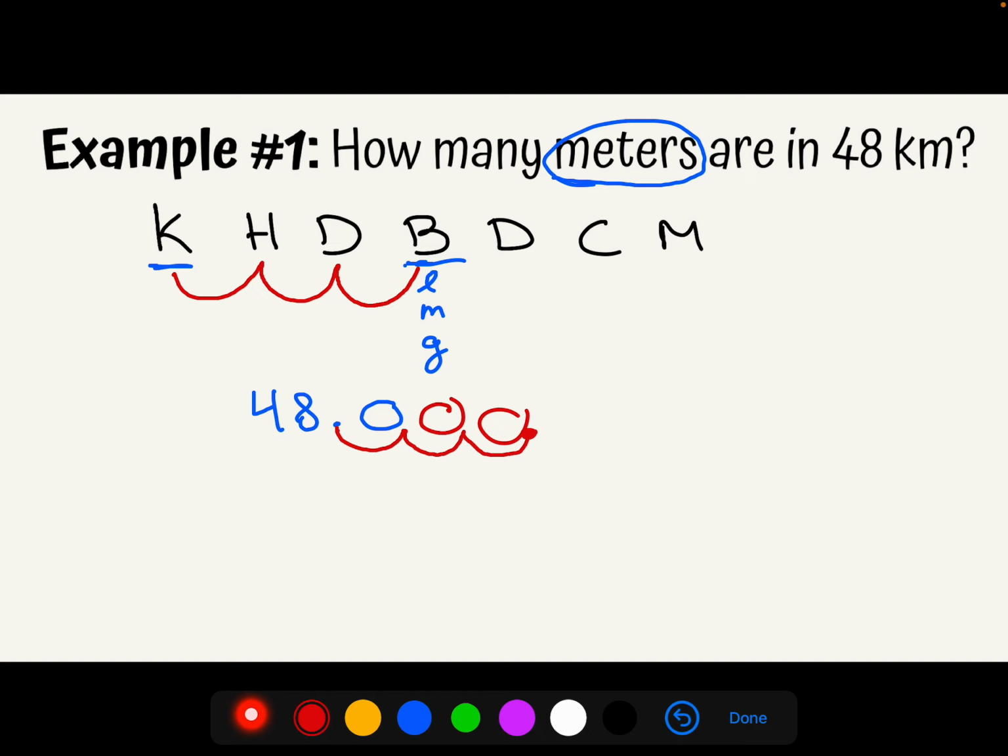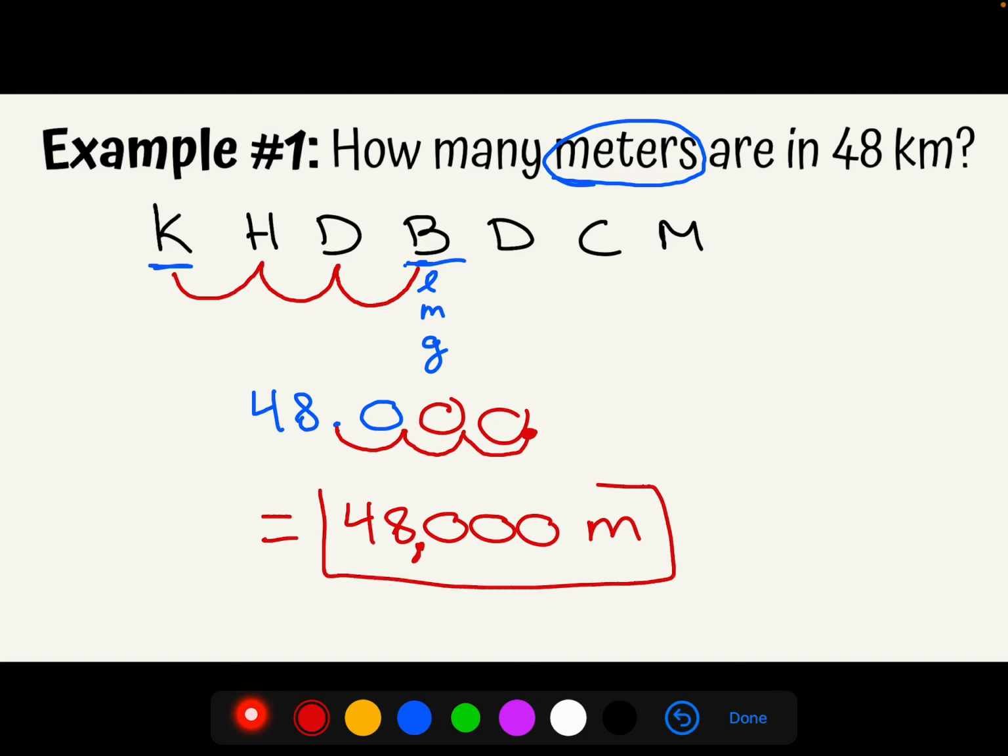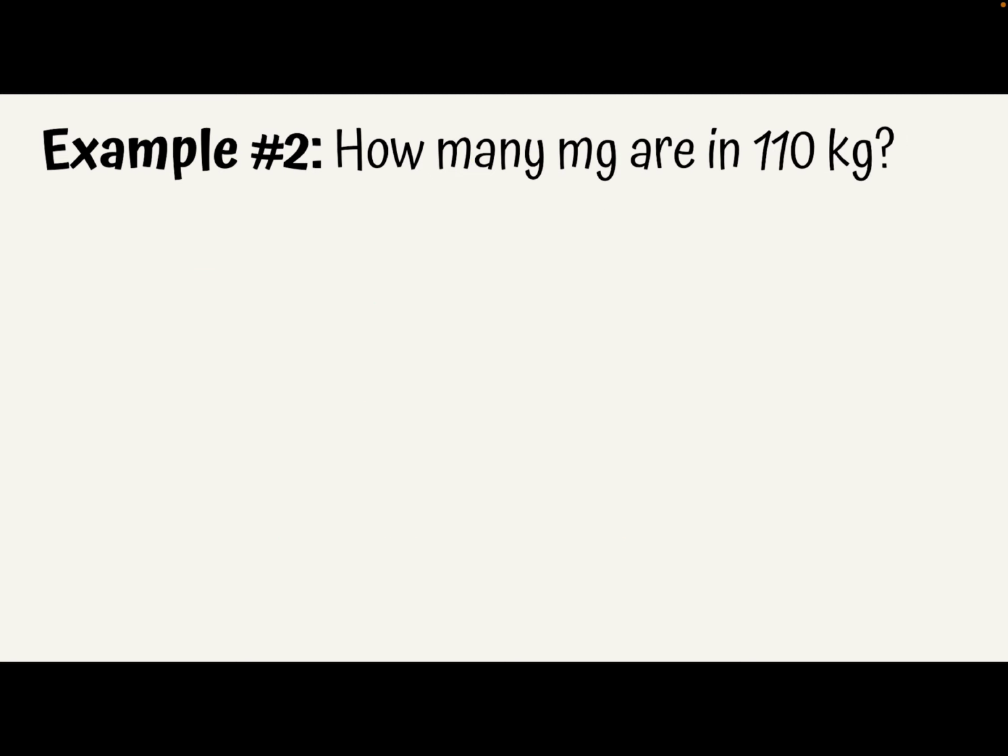And so 48 kilometers is equal to 48,000 meters. So all we did was move the decimal over as many times as we needed to move over in our mnemonic. So let's go ahead and try another one.